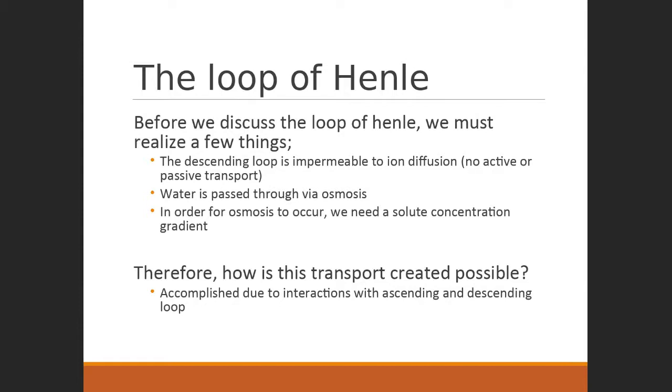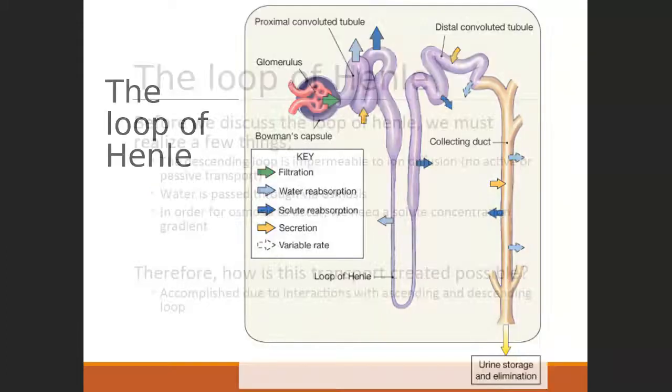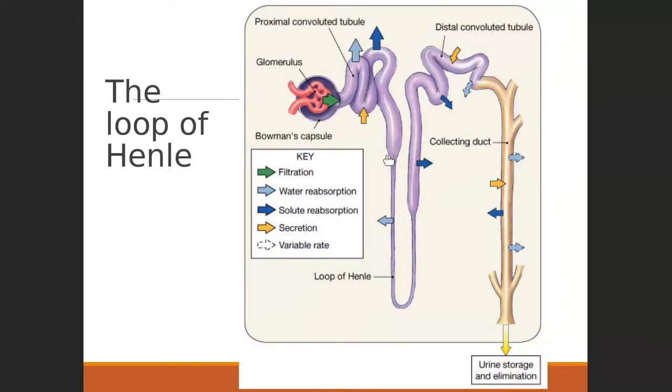We see the loop of Henle divided up very specifically, regionally, into these two types of transport. But we also see that particular shape, that hairpin turn shape of the loop of Henle, being a crucial structural advantage to getting maximum water reabsorption.